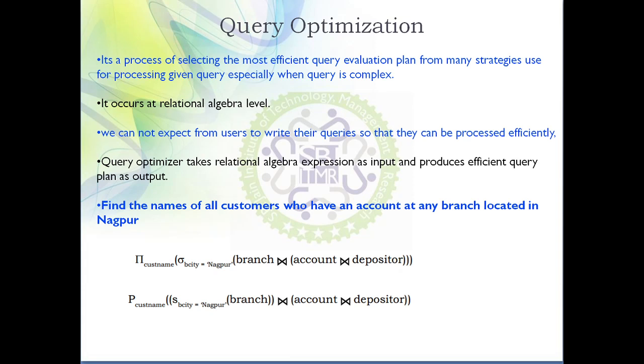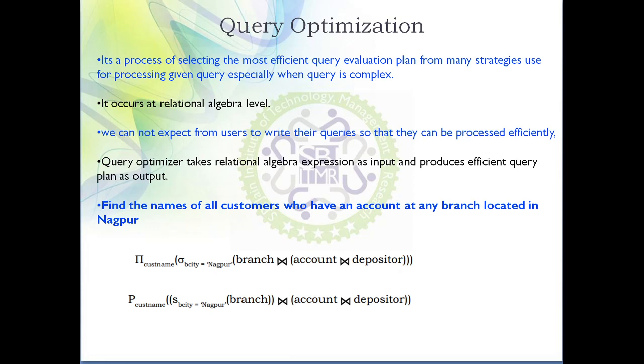Another thing is that every time you cannot expect the user to write an optimized query. So two ways of optimization can be there: either optimization takes place at user level, or at system level.